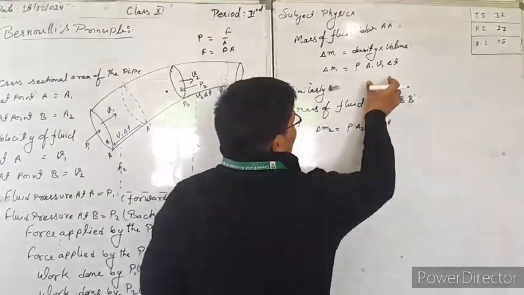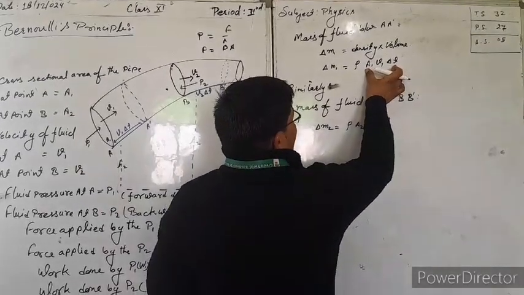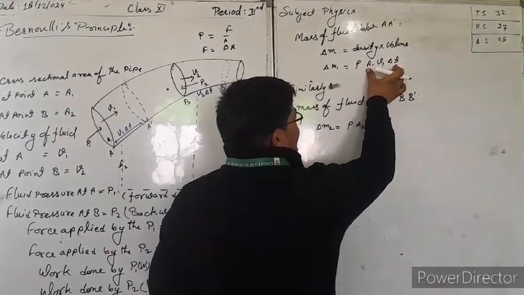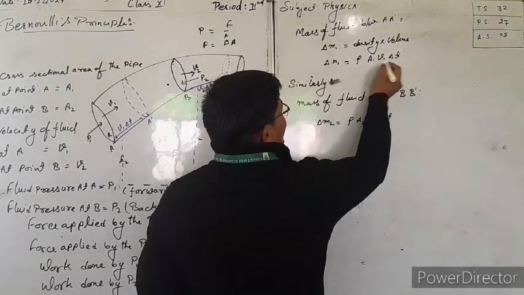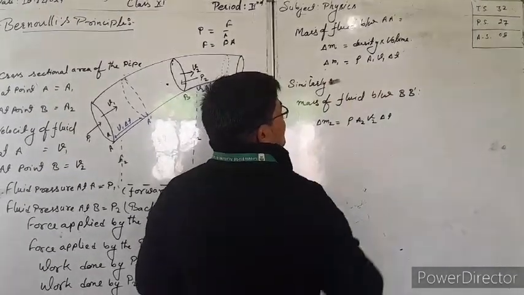Can you calculate the value of A1 V1 delta T from this relation? A1 V1 delta T will become delta M1 upon rho.